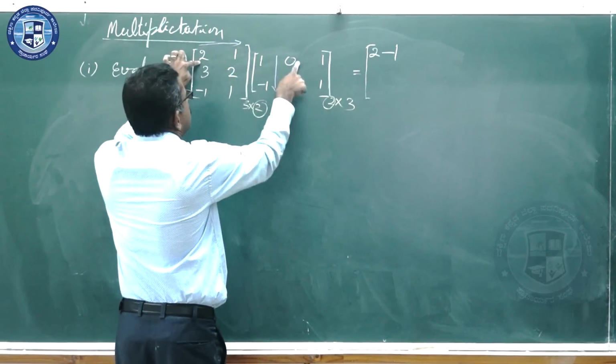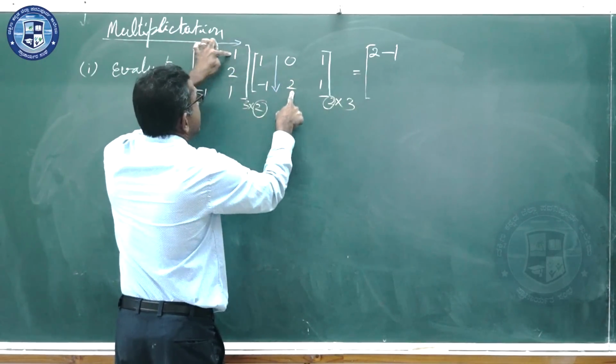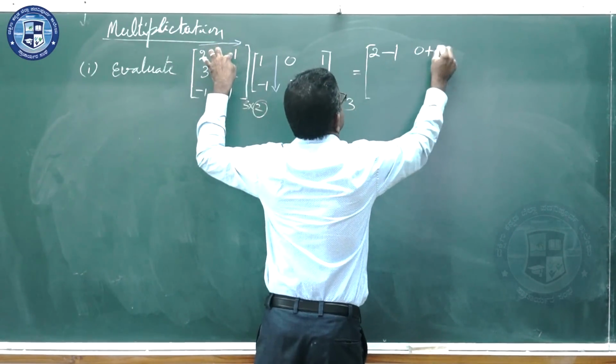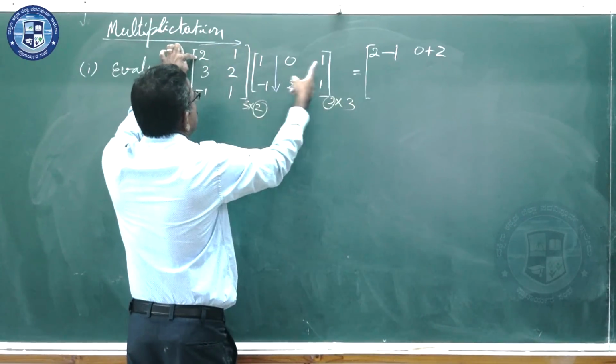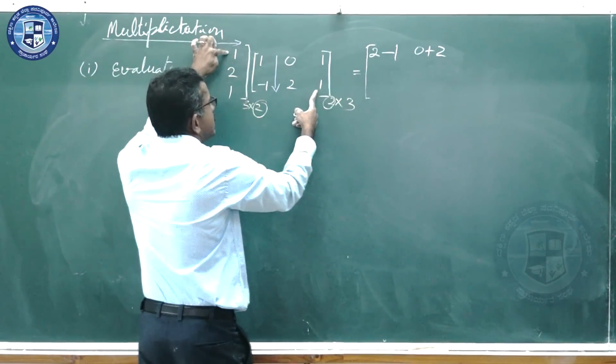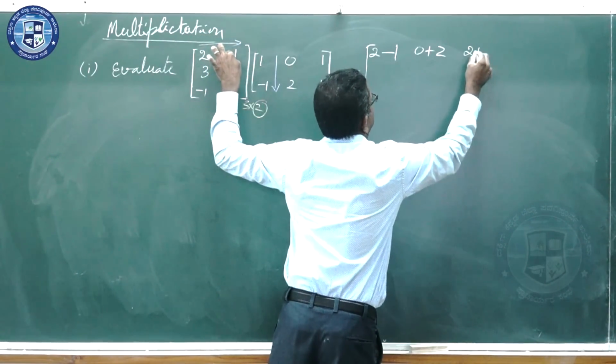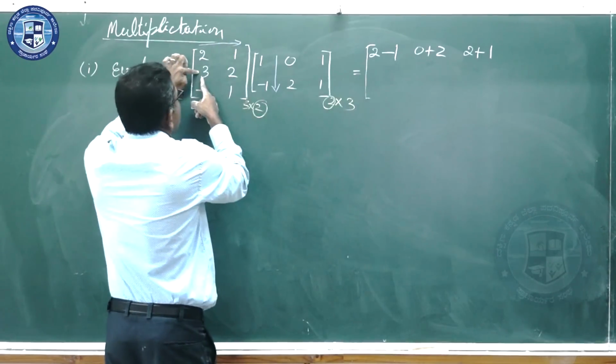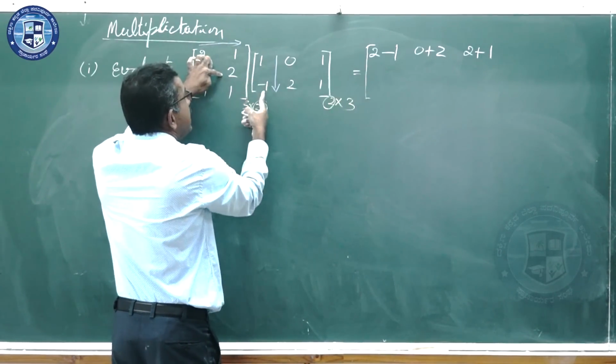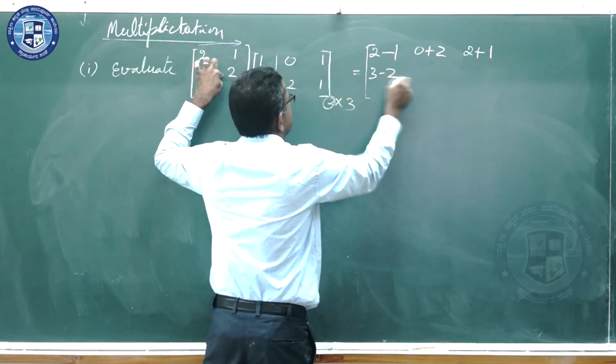Next 2 1 has to be multiplied with this one. Therefore 0 plus 2. Okay, next we have here 2 1s are 2. 2 plus 1 1s are 1. Therefore 2 plus 1. We have 3 1s are 3. Minus 2 here, it is 3 minus 2.